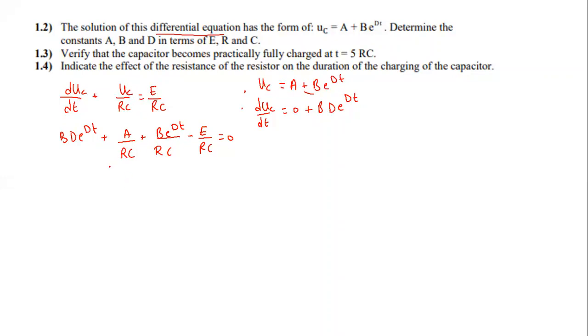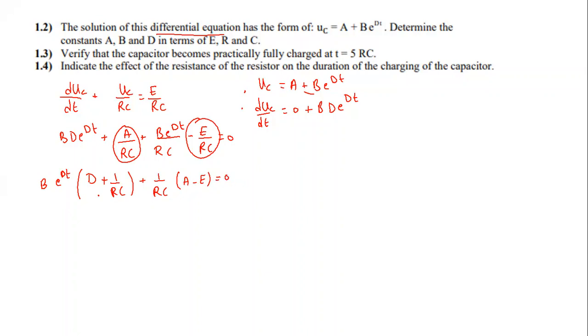We take the exponential as common factor, and we also have B as common factor, so we are left with d plus 1 over RC. In another way, I take the parts that have no exponential together. So I have 1 over RC as common factor, and A minus E, which is equal to 0.